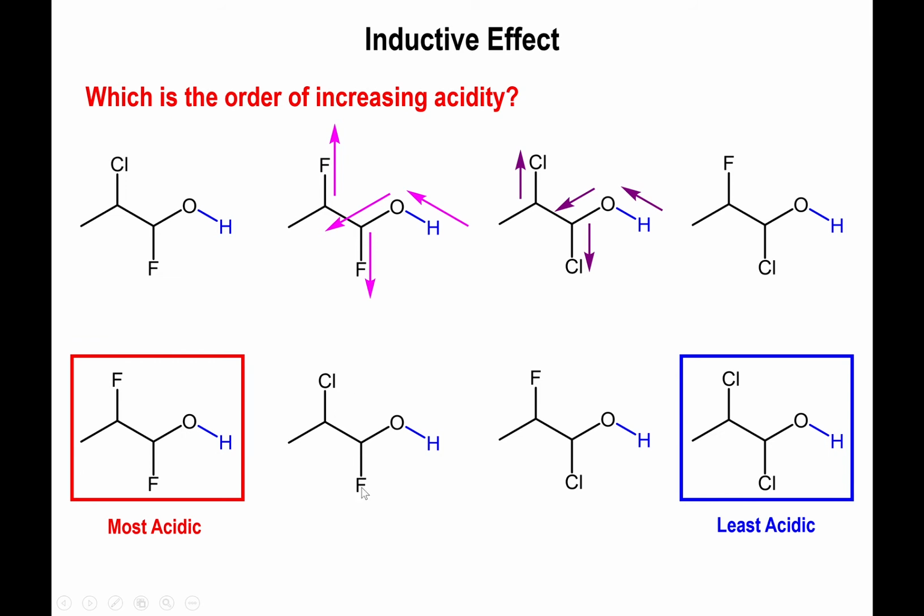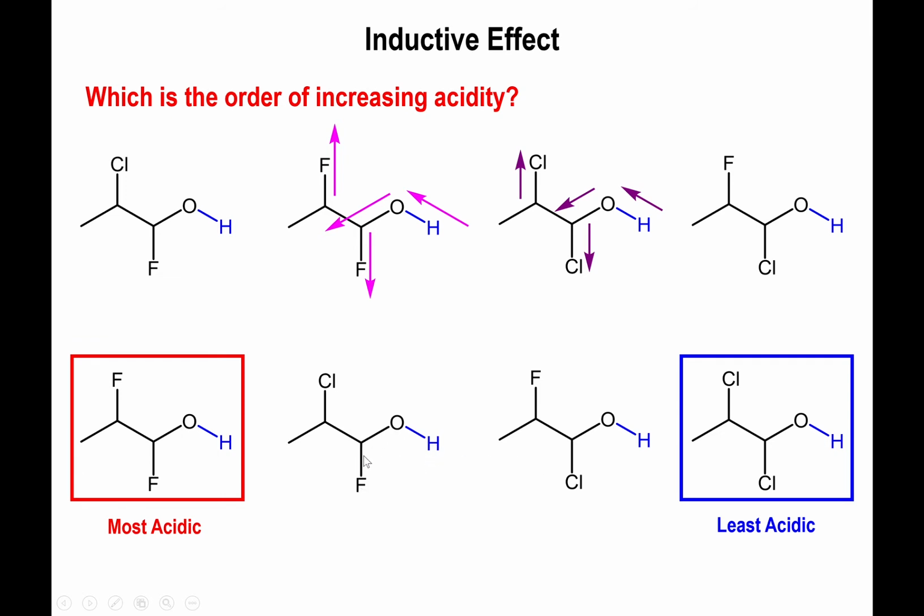But when it comes down to this mix and match, you have a fluorine and a chlorine, but they just happen to be on different carbons. The idea is that the closer you are to this OH bond, the bond that's actually acidic, the more inductive effect force you're going to enact on it. So what you basically want to look for is the most electronegative halogen being closest to the OH bond.